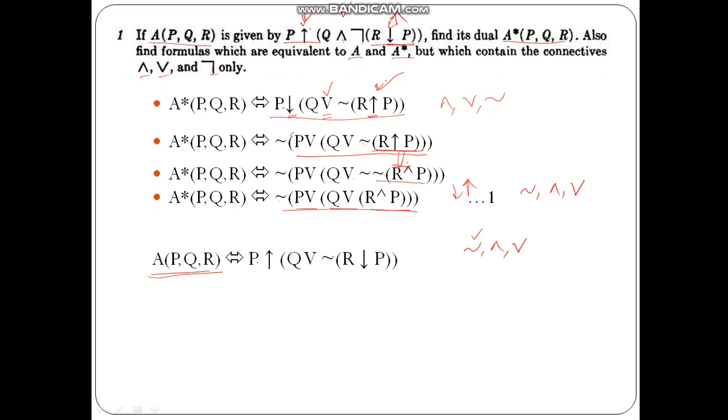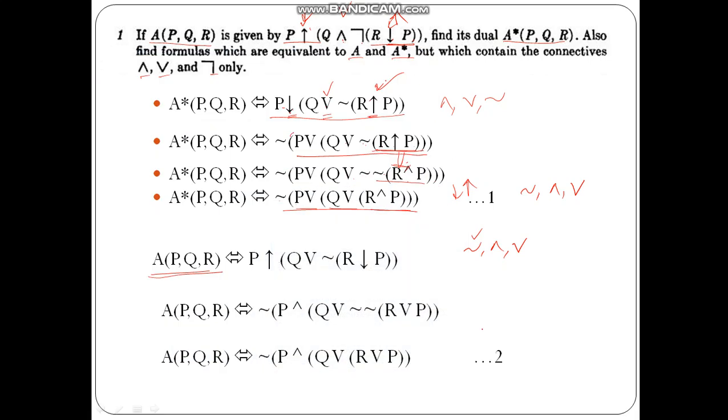So P NAND (Q or NOT of (R NOR P)). Expanding this, we eliminate the NAND symbol, so NOT of AND. I have eliminated both the symbols in the first step only: this NAND gate is eliminated here and the NOR gate is eliminated here.